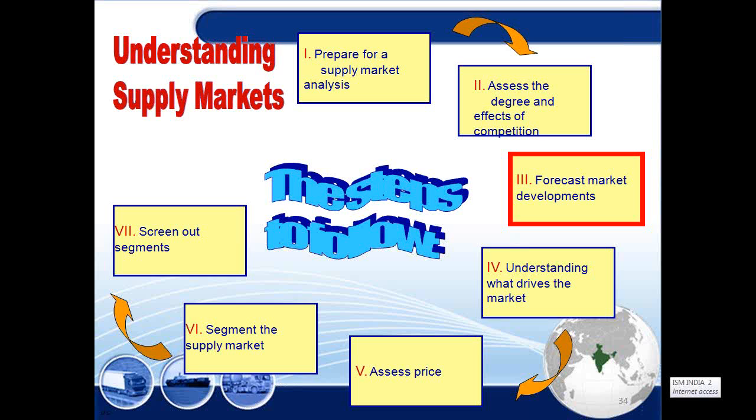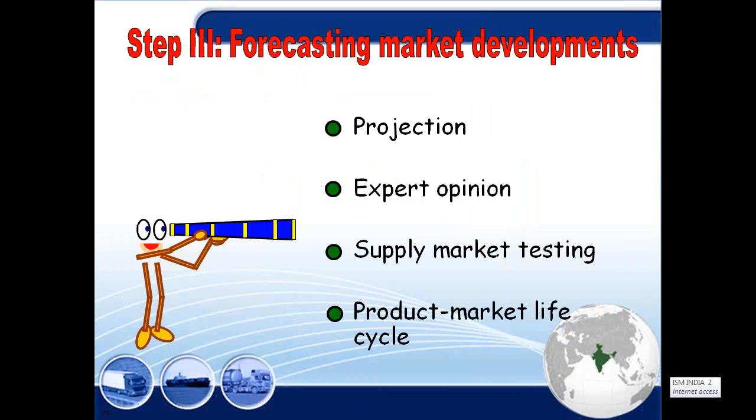There are many forecasting approaches and tools available. One could be projecting based on a time series: 5 years back this, 4 years back this, 3 years back this, 2 years, 1 year, and now you get the trend, and you try to project that trend further. If in the last 5 years my growth has been 10%, then my forecast for my product market is going to be this. The next is expert opinions.